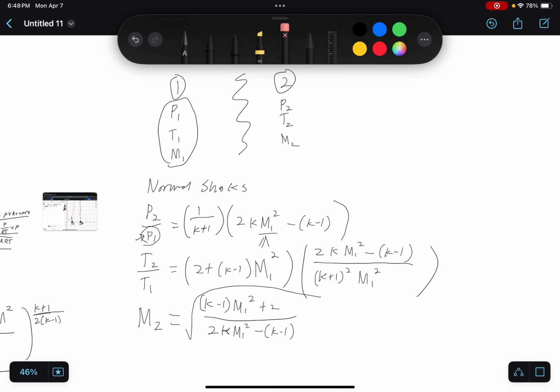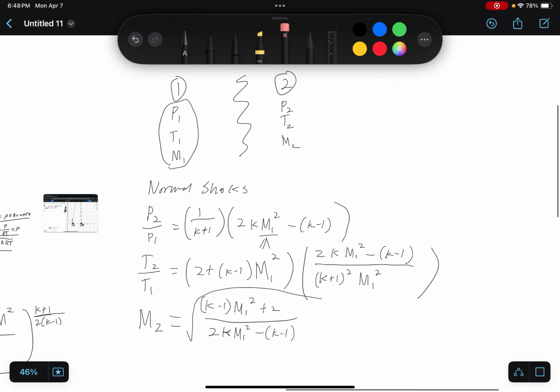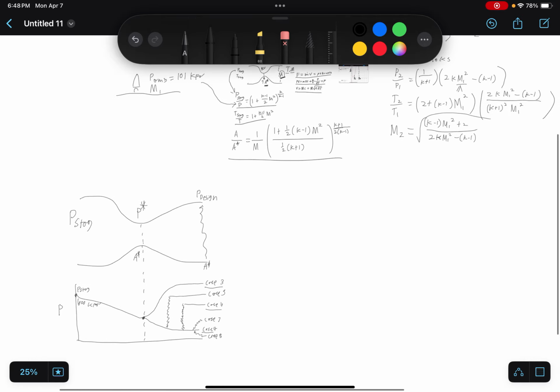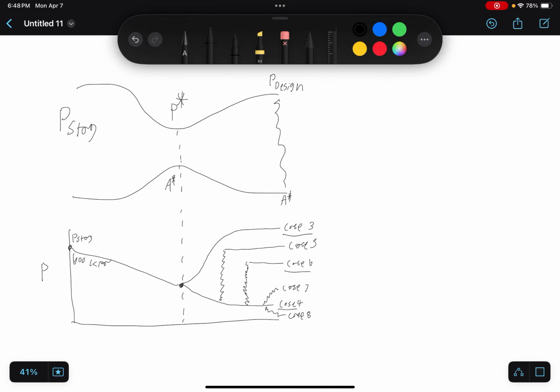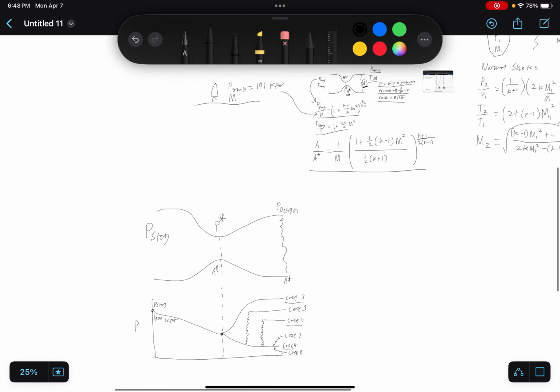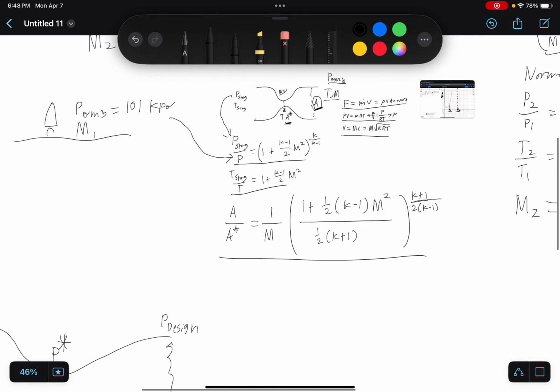I'm going to clean these up a bit. But yeah, that is pretty much it. This is really important. You always want to be at case 4, and again, you can do that easily if you can control the area ratio.